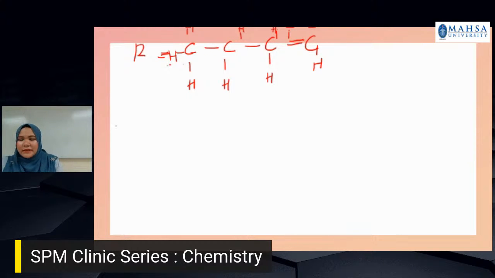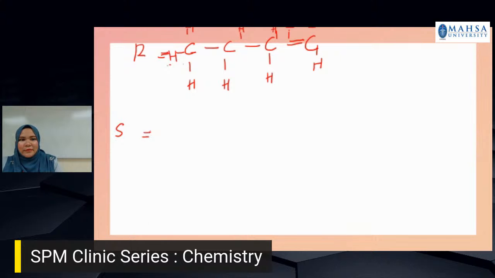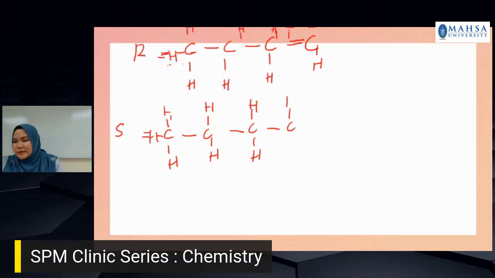Okay, and then S, it will be your alkane, because the key here is it does not decolorize bromine water. So it will be CH3, CH2, CH2, and CH3.